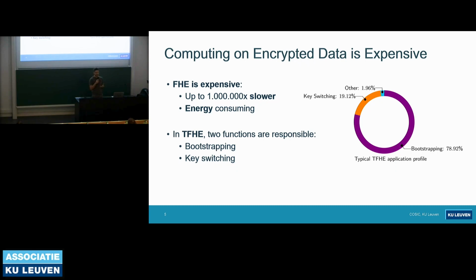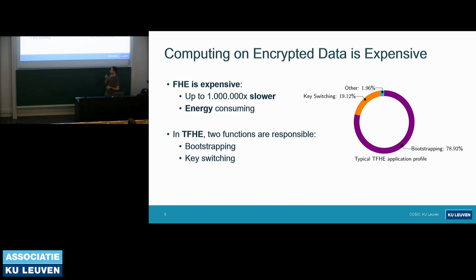Why do we need hardware acceleration for this problem? Well, computing on encrypted data is still very expensive. This slide tries to illustrate the problem. Firstly, doing computation in encrypted form can be up to a factor 1 million slower than doing the unencrypted computation. So we're really paying a performance cost of up to 1 million for these additional security guarantees. This also translates to a similar increase in energy consumption for these computations.